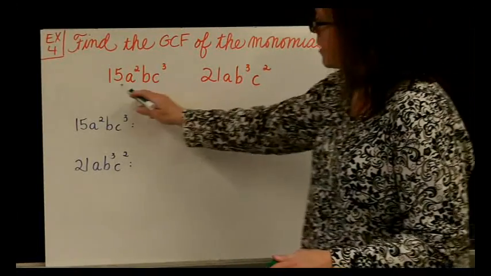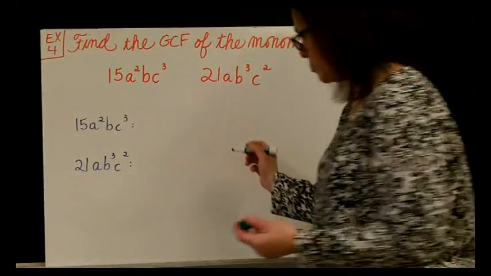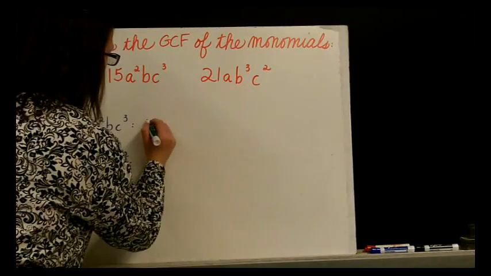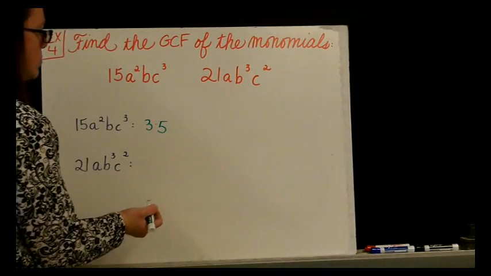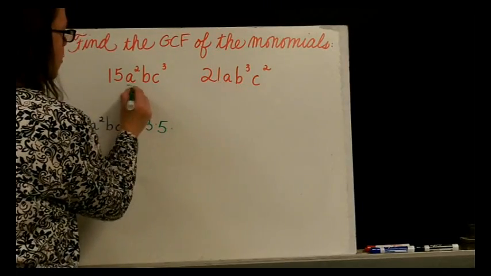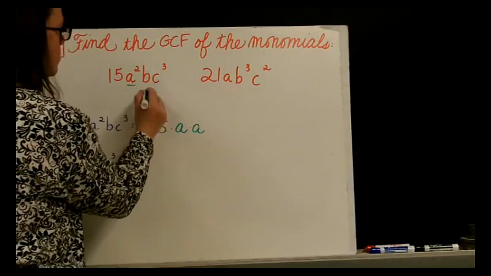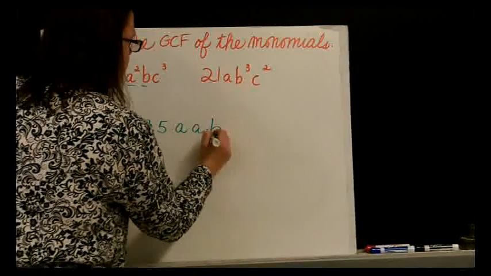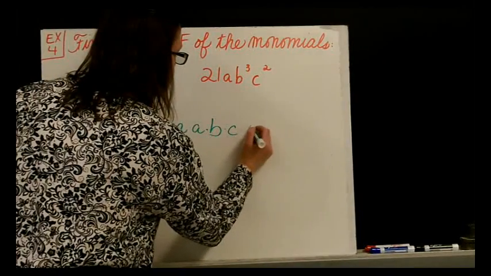We know that 15 is the product of 2 prime numbers, 3 and 5. That leaves us with our a squared, which is a times b times c to the 3rd power, which is 3 c's.